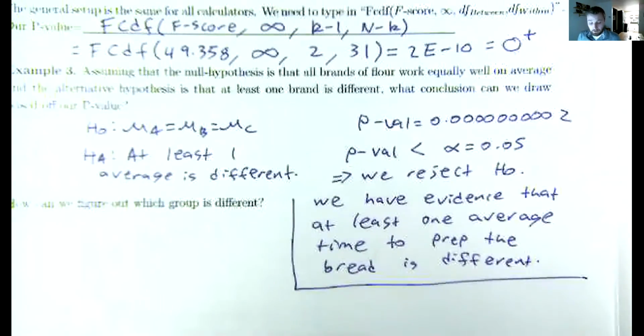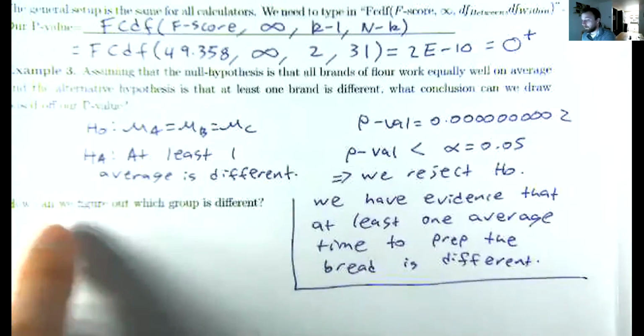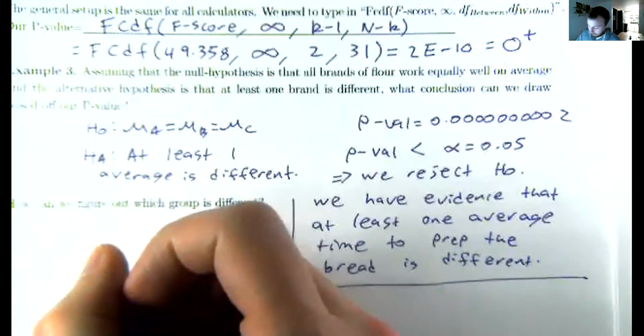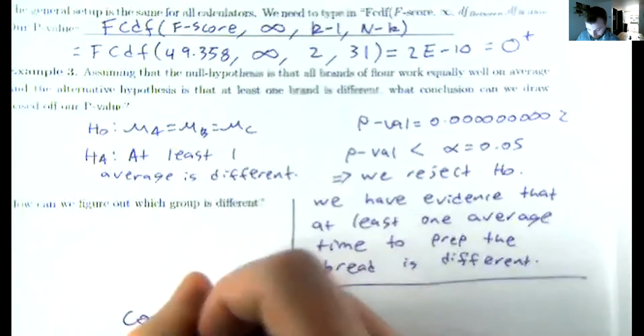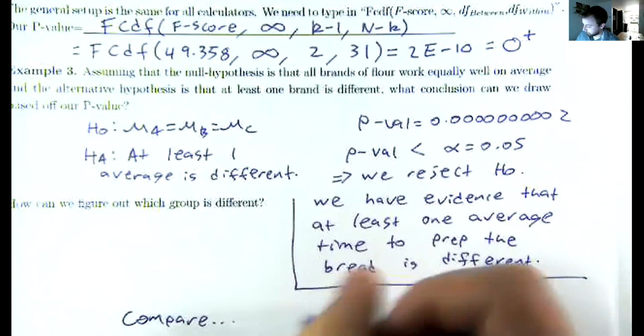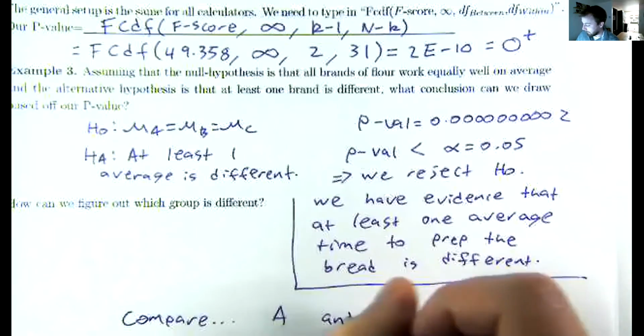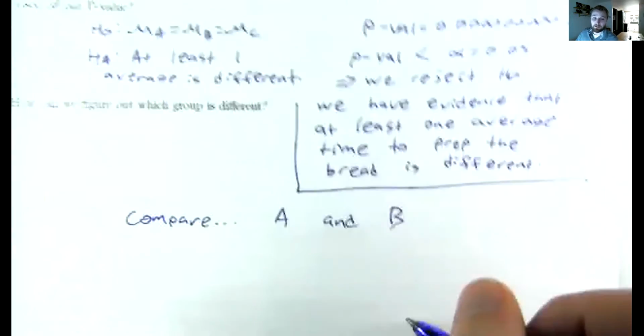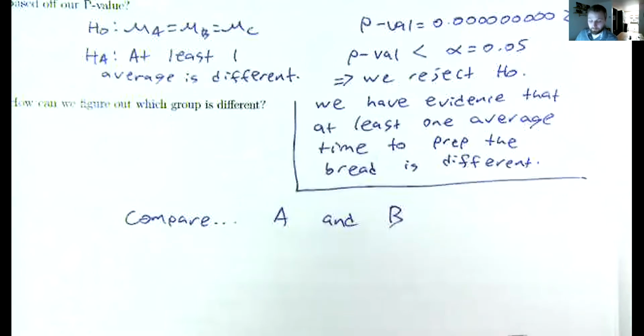Great. So which group is different? That's where this is kind of a bummer. This doesn't say that group A is different than group B. In fact, if I wanted to know which group was different, I would have to compare A and B. Is Arthur different than Bob's Red Mill?